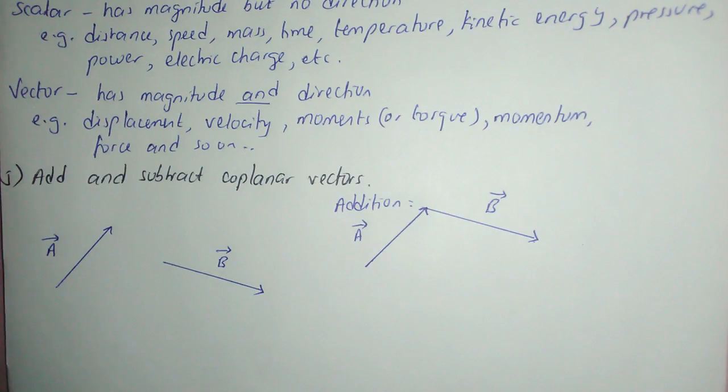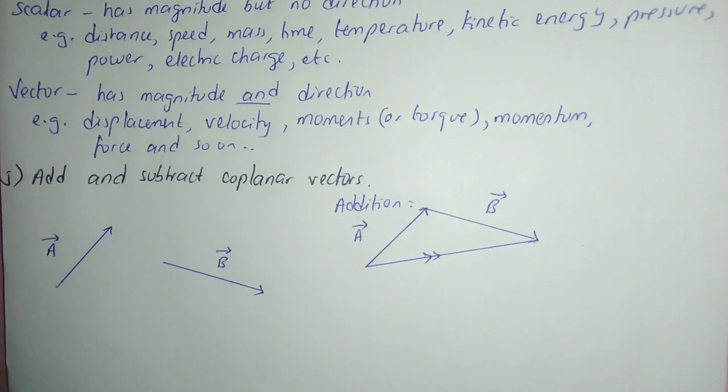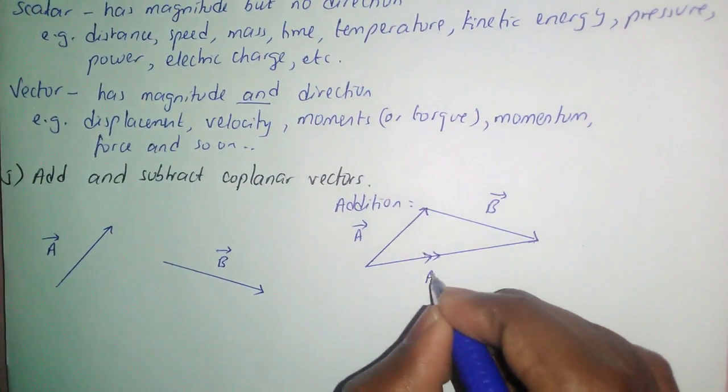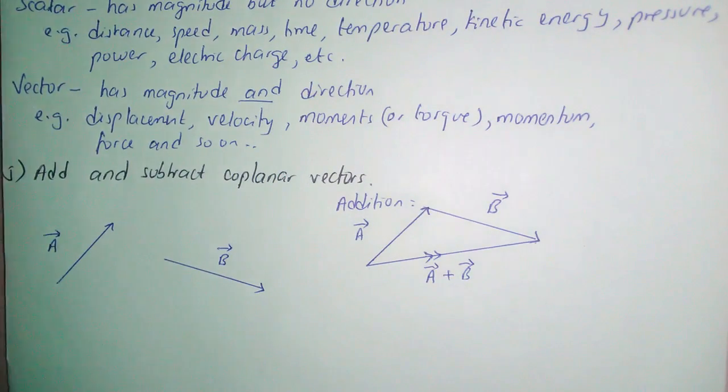Now for the resultant vector, we just draw a line here and the head joining here, and we usually use a double arrow to indicate that it is a resultant vector. So this is vector A plus vector B.